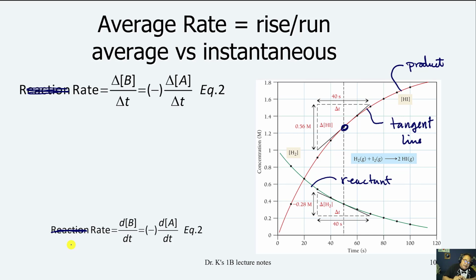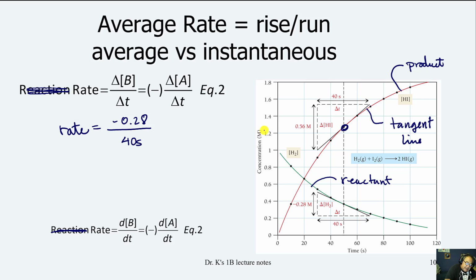So if I want to calculate the rate, and this is the instantaneous rate, I would say rate equals, and then they calculated these parts for me. I'm going to do this one down here. Negative 0.28, right, like that. And then it's divided by 40 seconds. They measured that out as 40 seconds.